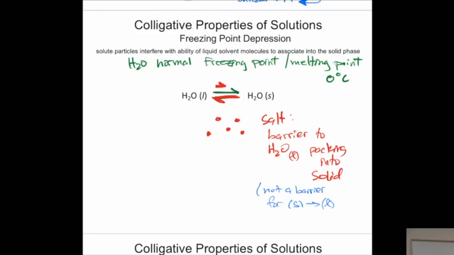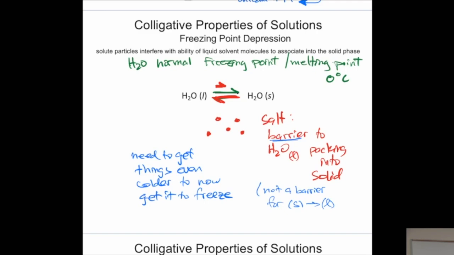So to get that liquid into a solid, you've got to get things that much colder so that you can drive this back to an equilibrium and get the liquid back into the solid, because you've constantly got solid going back to the liquid. So we need to get things even colder to now get it to freeze. Just thinking about it using the barrier analogy.